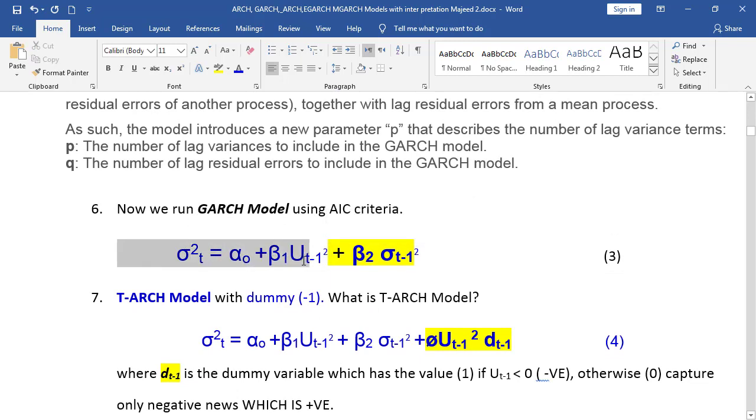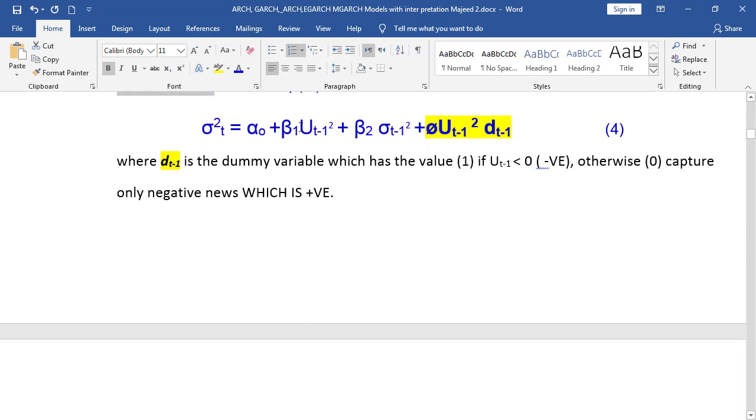This is ARCH, and we added the GARCH term here, the variance squared lag 1. Then we move to the TARCH model with a dummy variable, and this is the equation, and this is the dummy variable term. If this one is 0, it means that we are looking at the GARCH model.